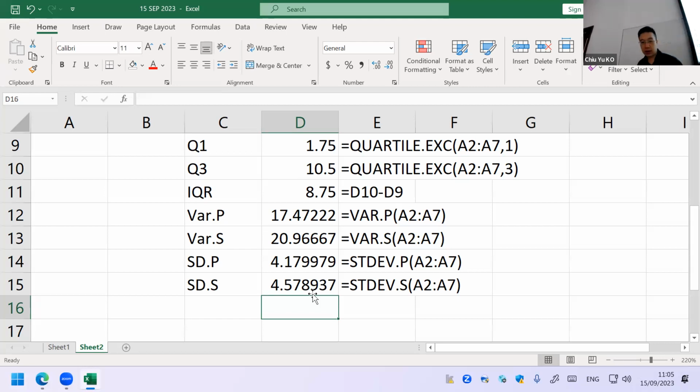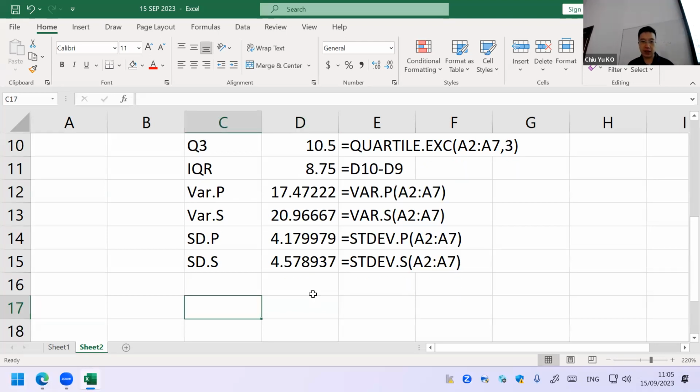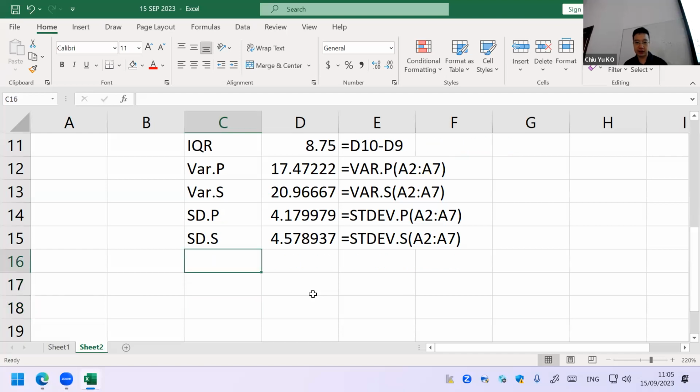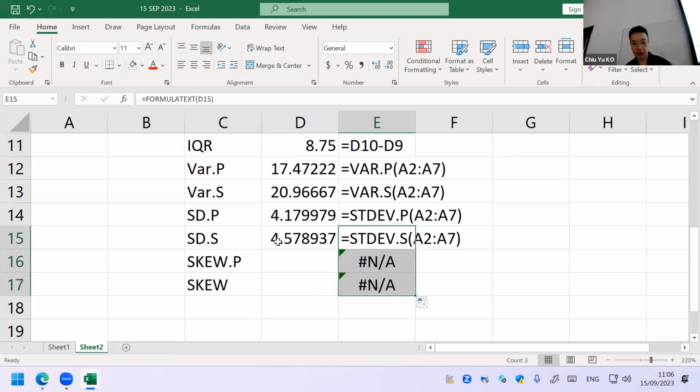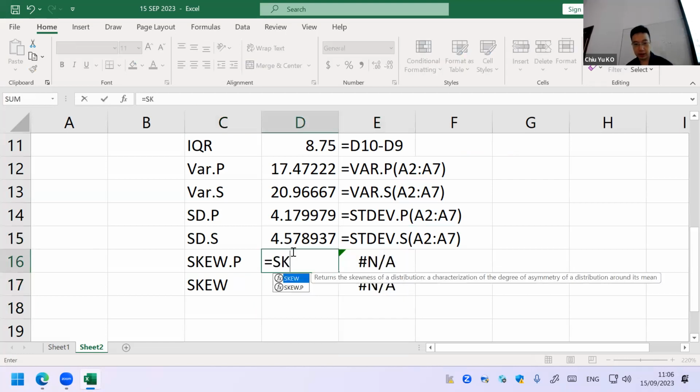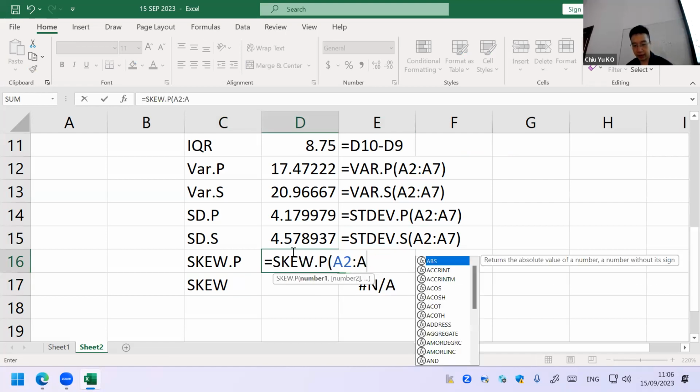Okay. Now the remaining things are skewness and kurtosis. As mentioned, there is SKEW.P here and SKEW for the sample version. Actually, without my typing, you know the answer already. Just like SKEW.P, population, the data is A2 up to A7.